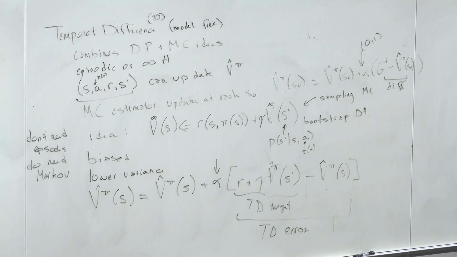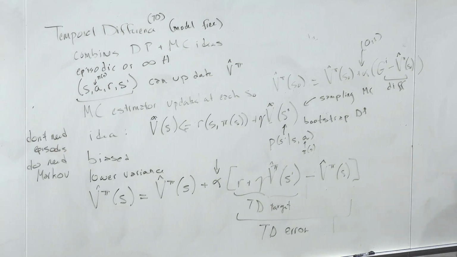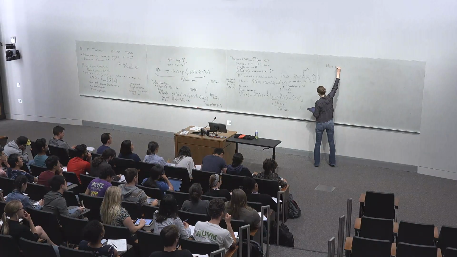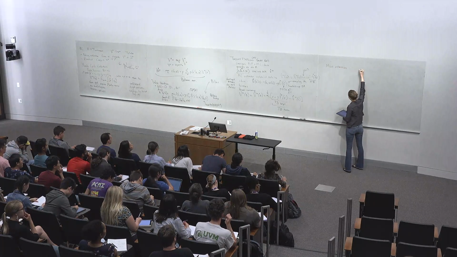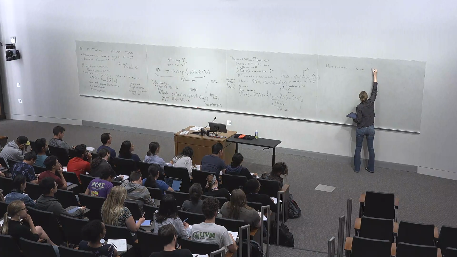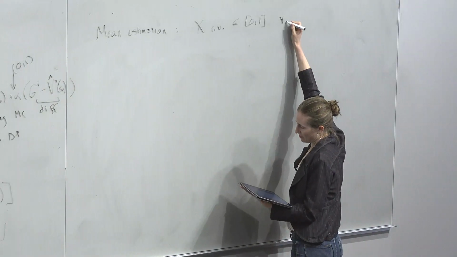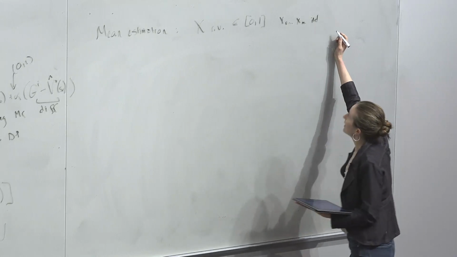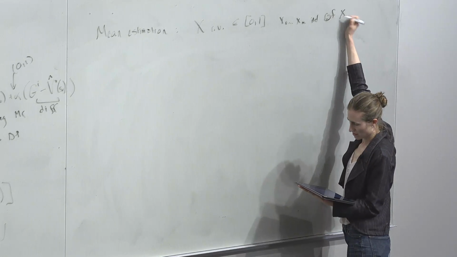So I'm going to preview something that's going to look quite a bit different than this, but it'll give us intuition for this part. Let's just think about mean estimation, just estimating the mean of any variable. We have some variable x. X is a random variable in [0, 1], and x0 through xm are IID values of x.